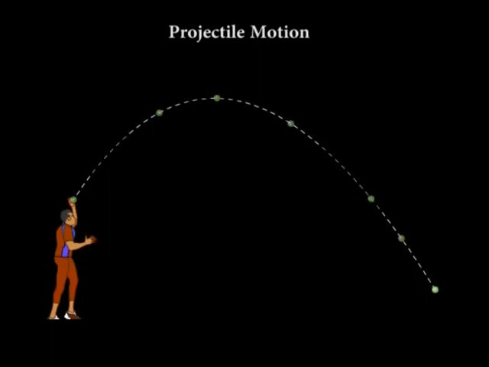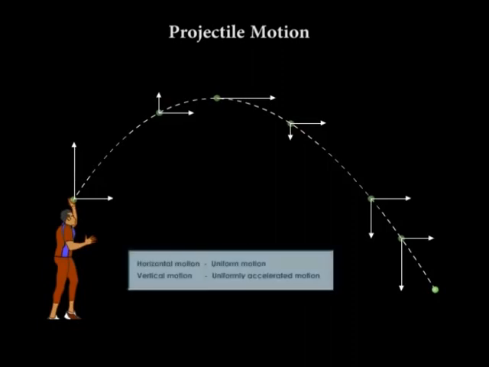At each point, the velocity has components in the horizontal and vertical directions. The horizontal component remains unchanged throughout the flight. The vertical component changes continuously due to the force of gravity. Thus, the horizontal motion is a uniform motion and the vertical motion is a uniformly accelerated motion.